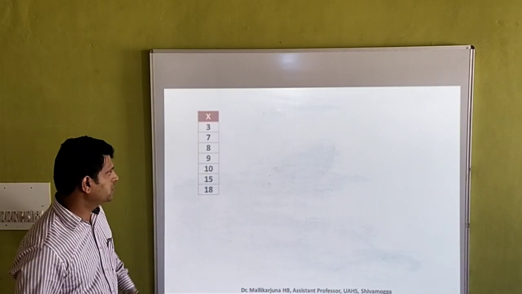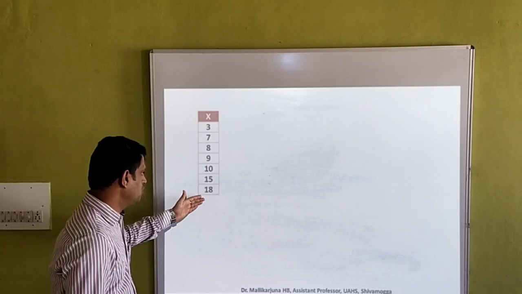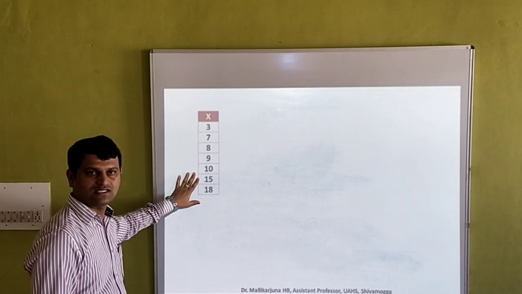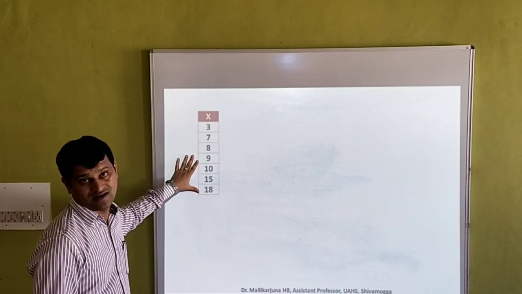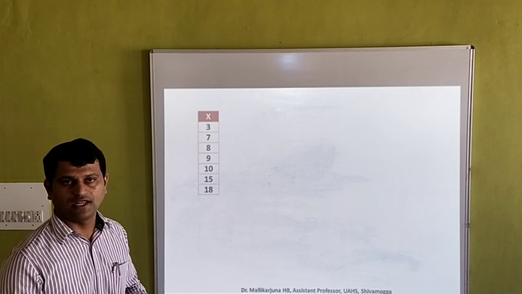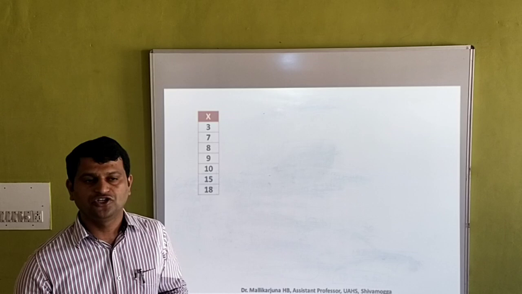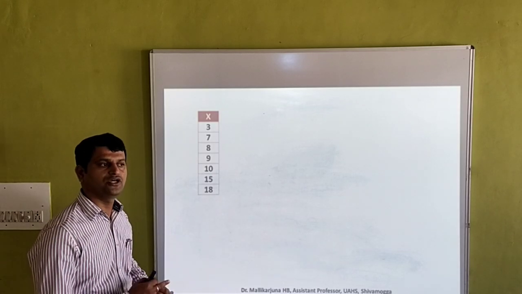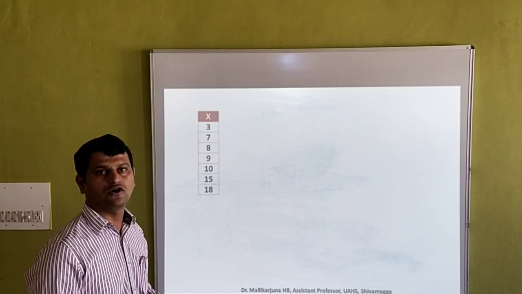So far I have explained the problems regarding this type of data, which is called raw data. For raw data, I have explained the calculation methods for range, quartile deviation, mean deviation, standard deviation, variance and coefficient of variation.